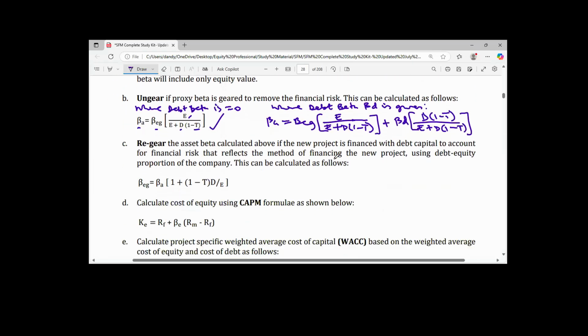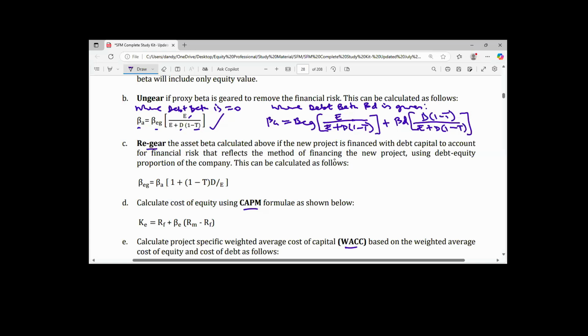Now, how do you regear? From step 3 to step 5, you need the information of the main company. That is, whenever you want to regear, whenever you want to calculate CAPM, whenever you want to calculate your project-specific WACC, you need the information of the main company.